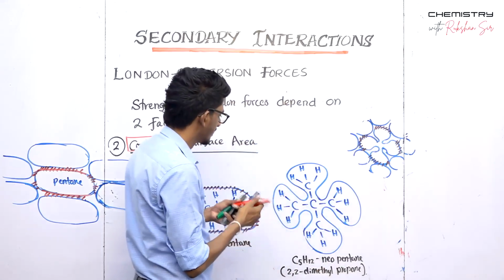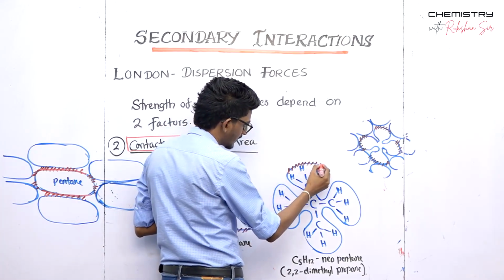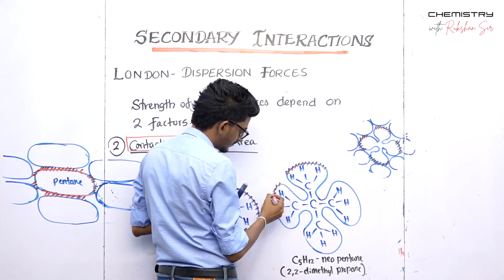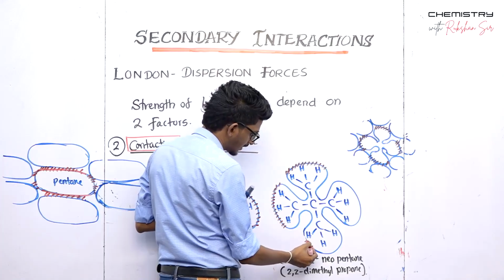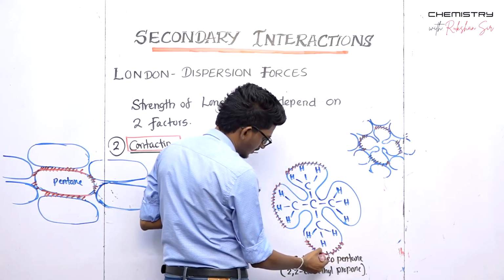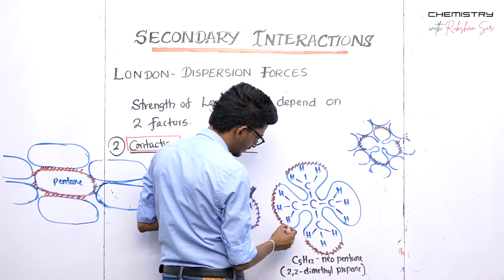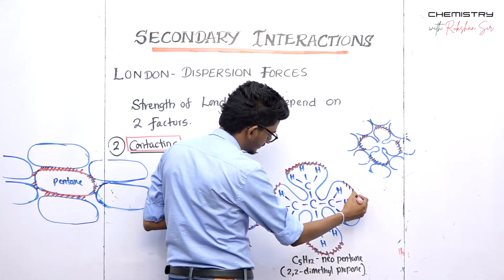So the effective surface area of these neopentane molecules is like this. As the effective or the conducting surface area, we can take only this area.